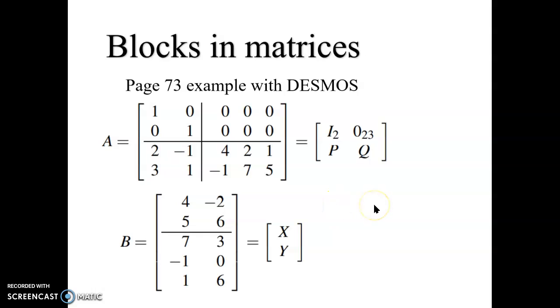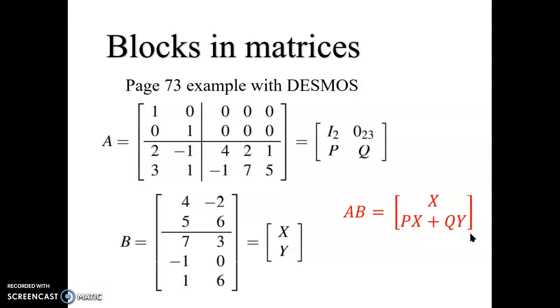Blocks are really useful. Desmos has a limit of a 6 by 6 matrix. So if I have A equals this and B equals that, then when I multiply the two together, I can just put x, which is this top part, into my answer, and then I can figure out what p, x, and q, y are.